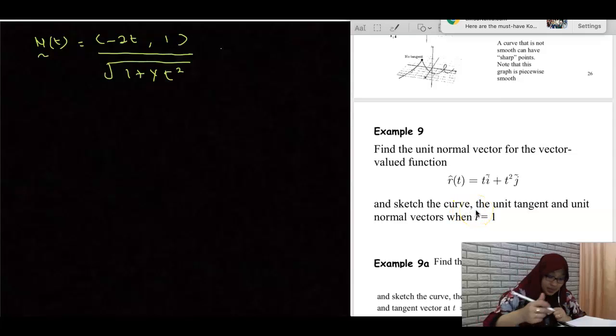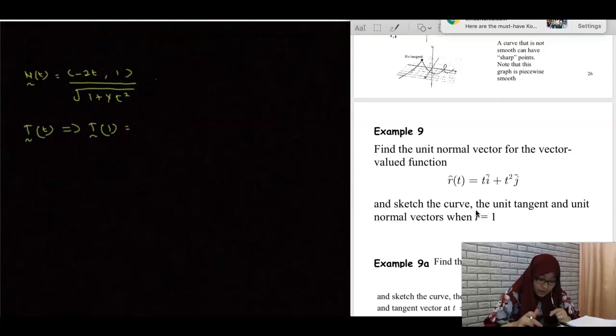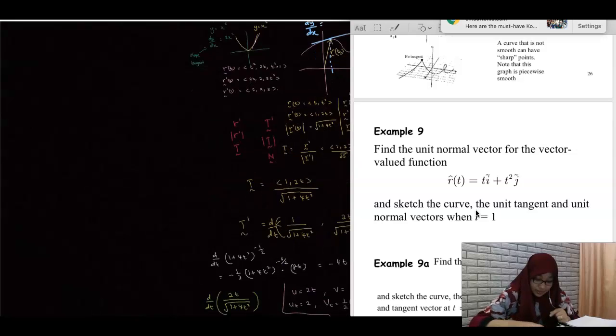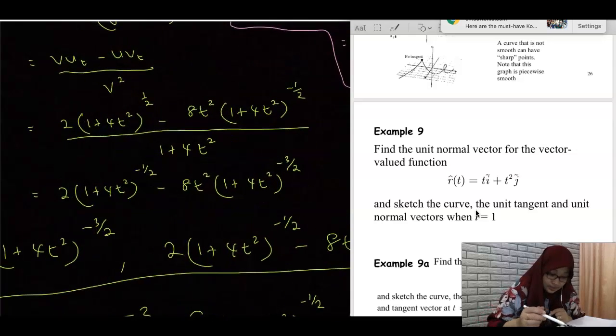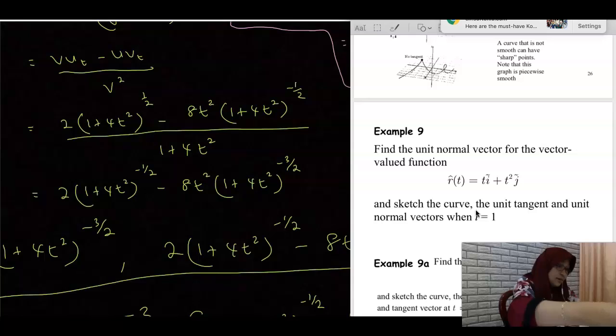Just now we have done computing the T. So now we want to get the unit tangent at t equal to 1. You have to find out where your T is from just now. So where is your T? This one. So that is your T. Then you have to substitute t equal to 1 in that unit tangent vector.